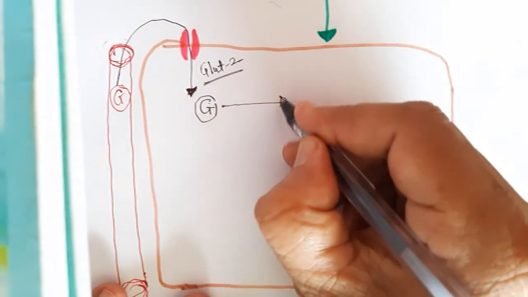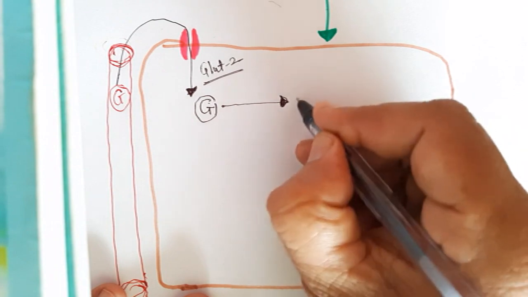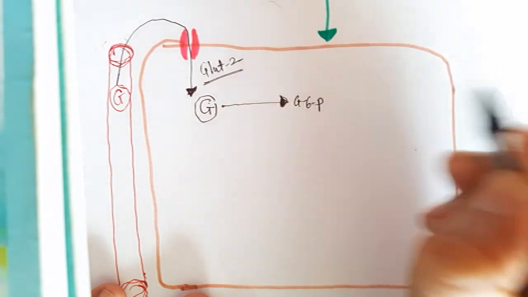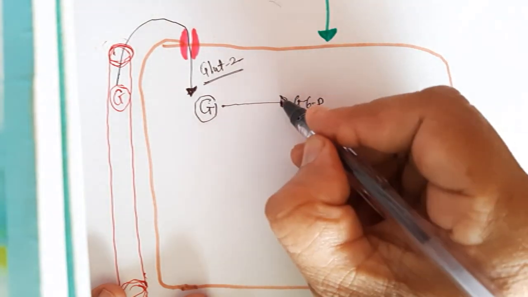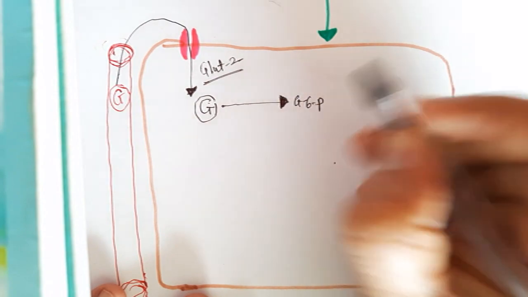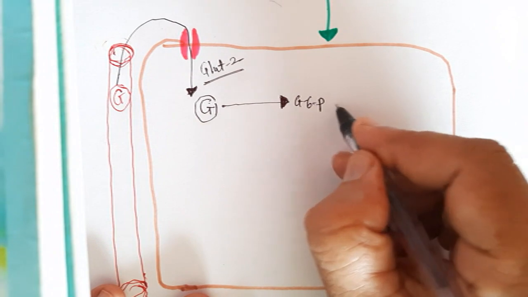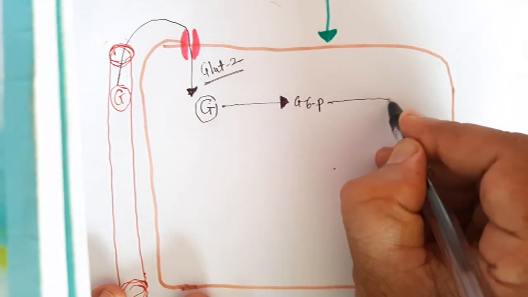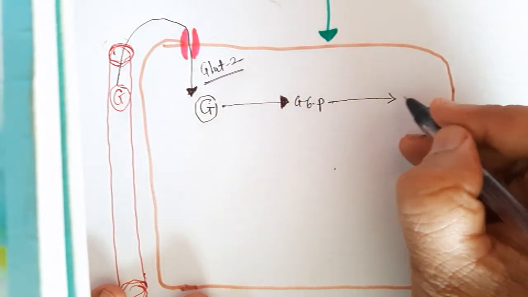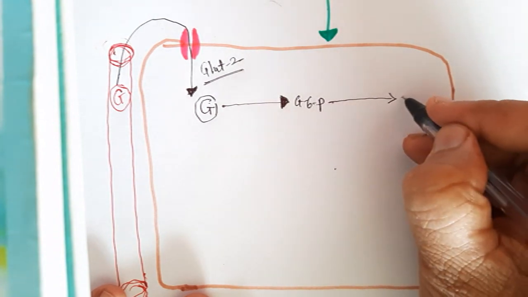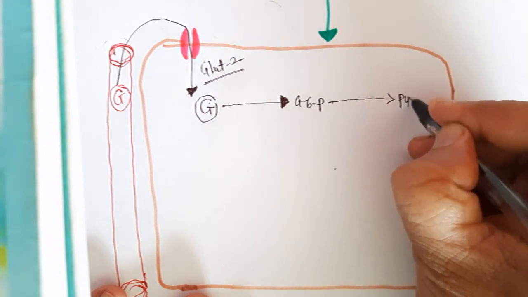As usual, in the glycolytic pathway, it is phosphorylated to glucose 6 phosphate. Once it is phosphorylated, glucose is trapped inside and cannot go outside. Glucose 6 phosphate undergoes the glycolytic pathway and is converted to pyruvate.